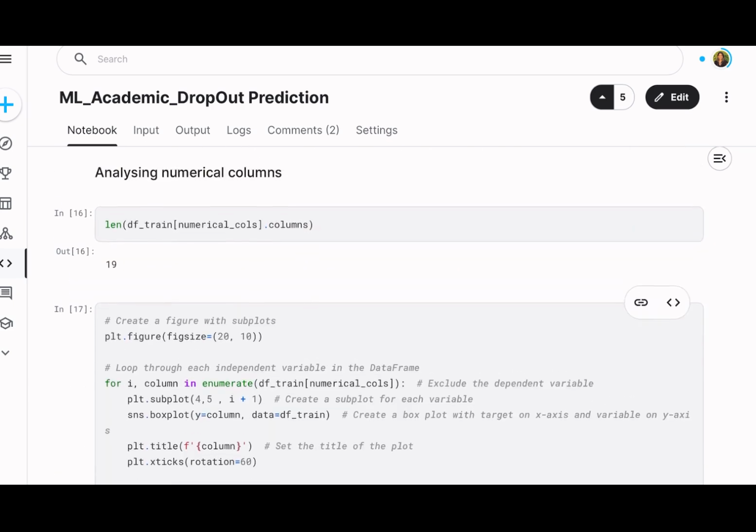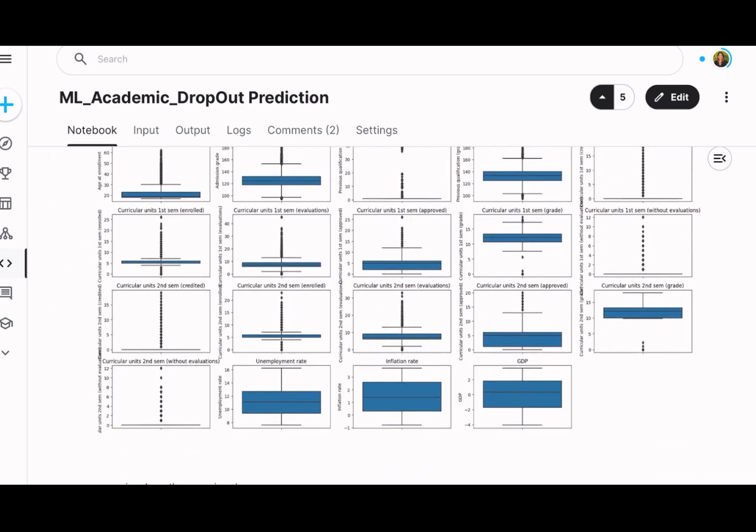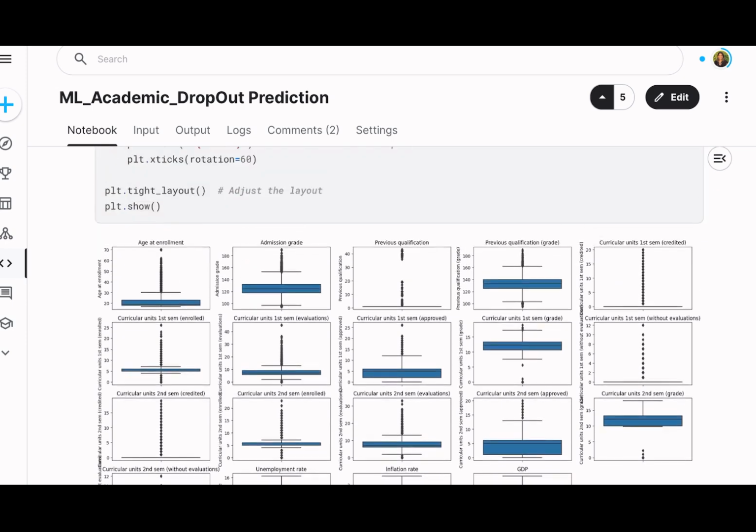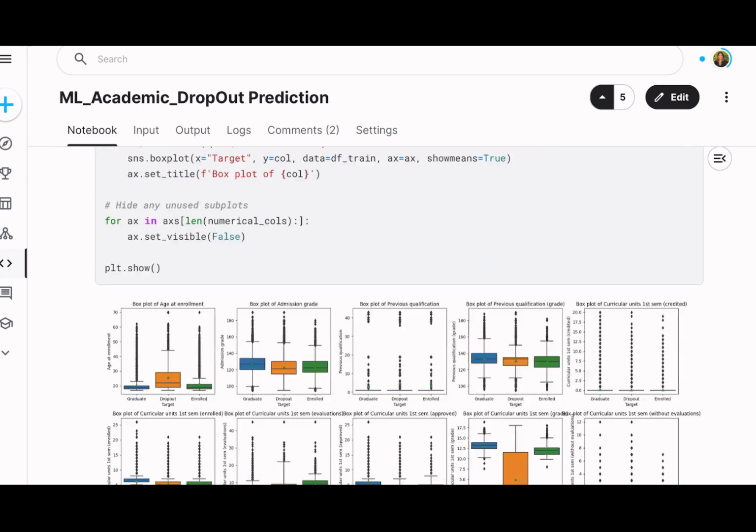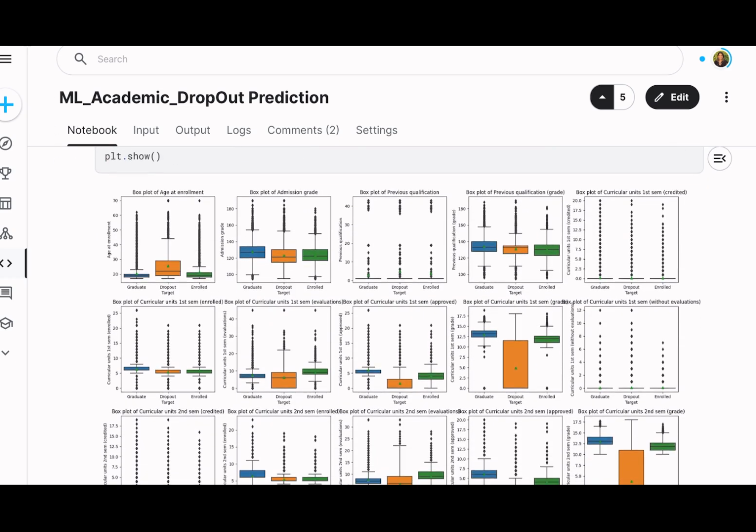So now let us look at the numerical columns, and for numerical columns I have done a box plot just to see the outliers, and also I have separated each and every category of the target column to see if there is a major difference between any of these numerical columns.